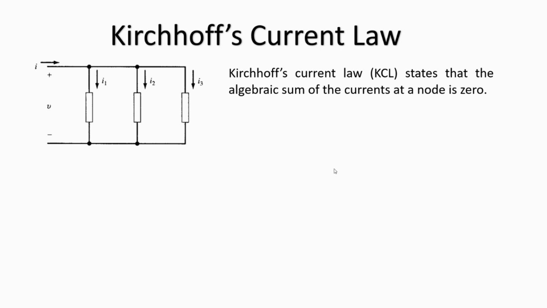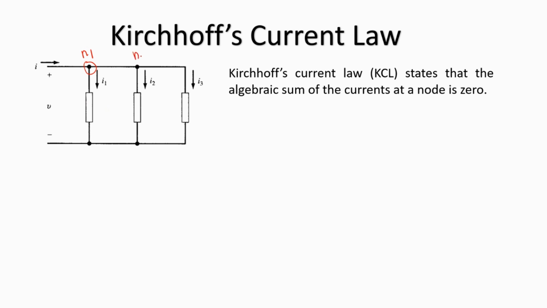In this circuit shown over here, let us try to identify the nodes. Over here, this is one node. Why? Because there are two components connected to it, this voltage source and this resistor. I'll call this N1.